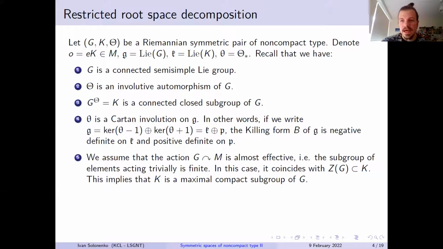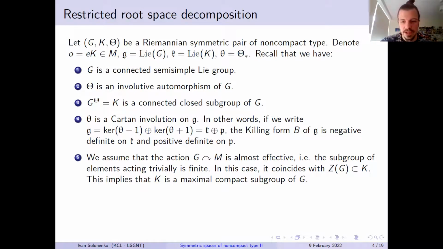And now what I allow, I assume that the action of G on M is almost effective. So the subgroup of elements that act trivially is maybe non-trivial, but it's finite. This is because mostly if you have a representation of a symmetric space, say of a semisimple symmetric space, the numerator is not the isometry group, but some finite covering of it.